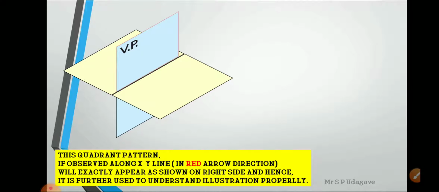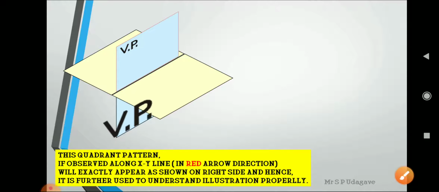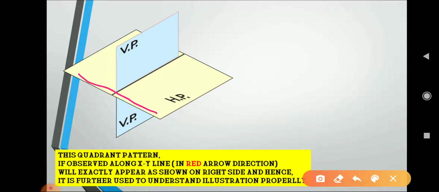This is a quadrant pattern. We can see in this figure the vertical plane, this vertical portion, called VP, and the horizontal portion, called HP, the horizontal plane.